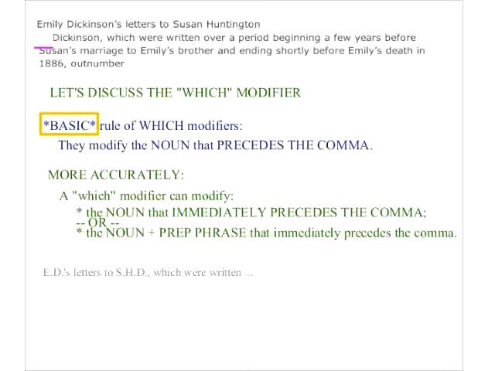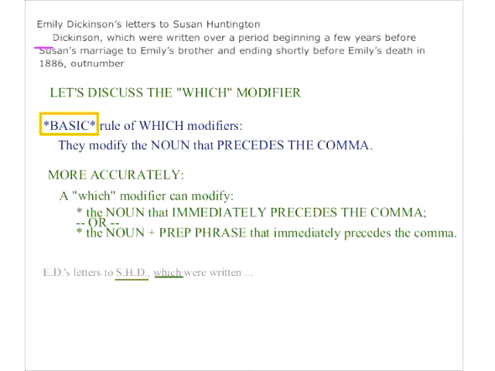So notice, here's your which modifier. Since either one of these is an allowed option, we can just use context to figure out which way it works. So this way, if it just modified Susan Huntington Dickinson, then that would be just a noun.